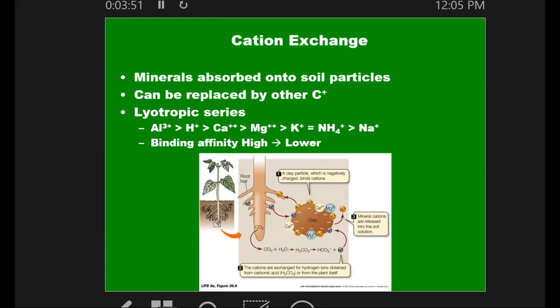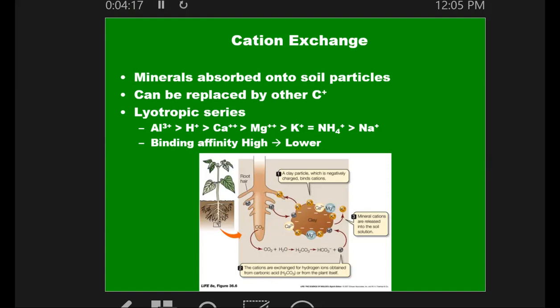When roots are busy living their life and going through respiration, they give off CO2, similar to how we do, and when that CO2 reacts with water in the soil, one of the products is protons. So there can be a pretty decent source of protons around the plant roots, which is good because then it can allow for cation exchange.